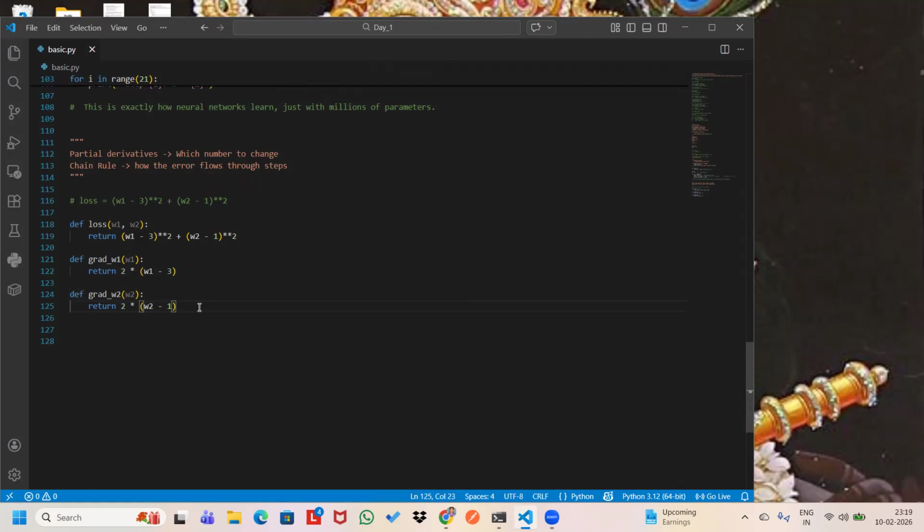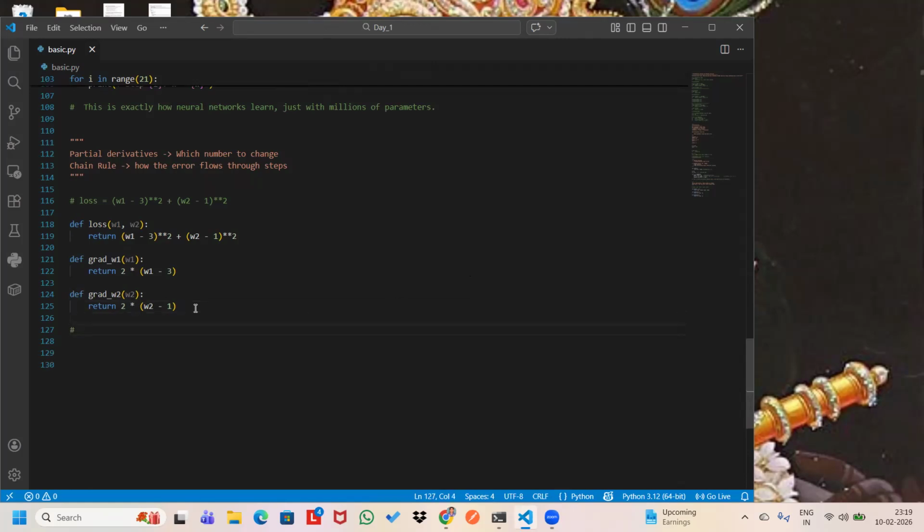So now let's talk about the chain rule. Why do we need the chain rule? Chain rule is nothing but, you can say, a function of a function. Let me give an example.